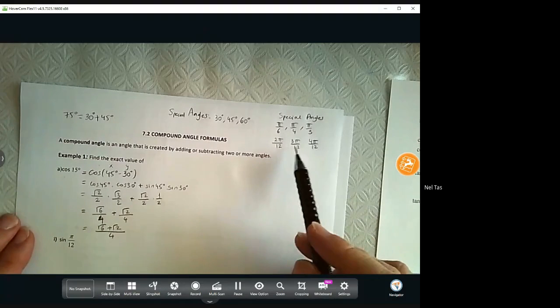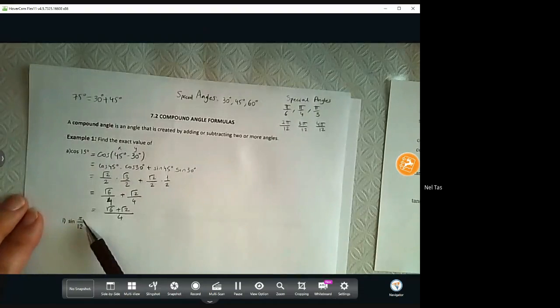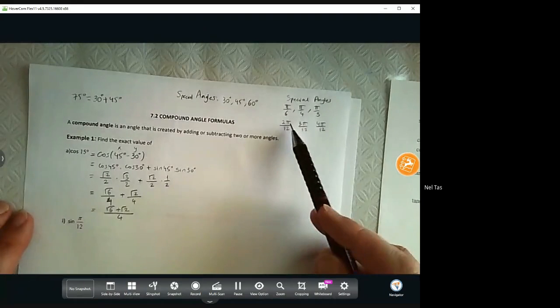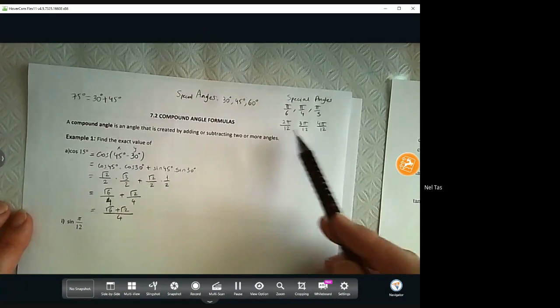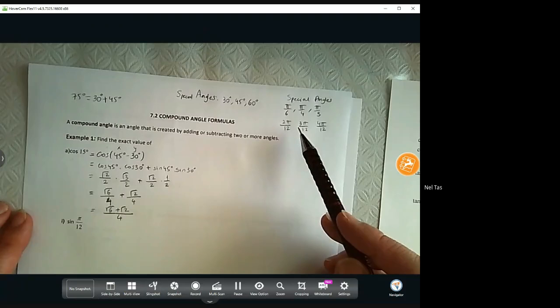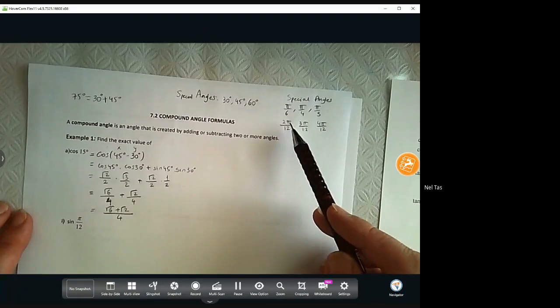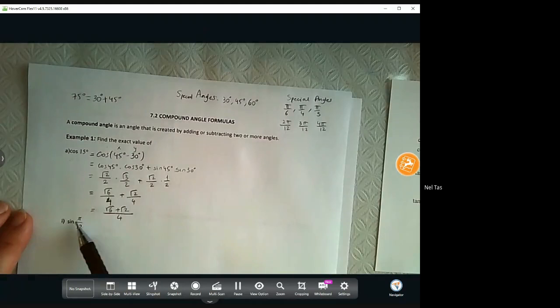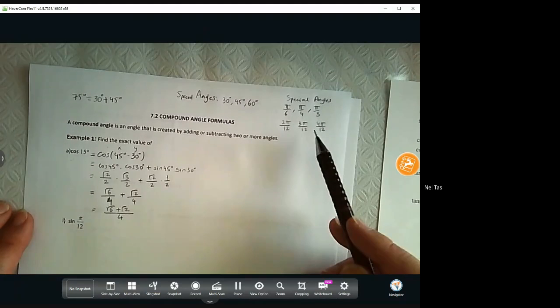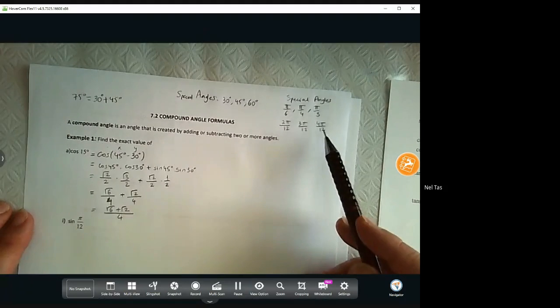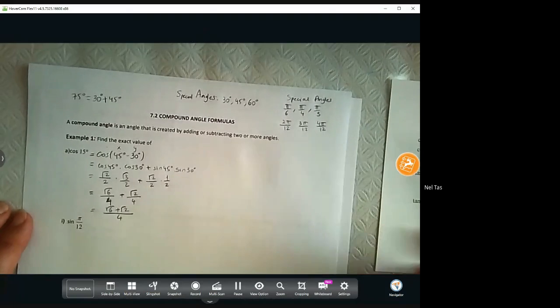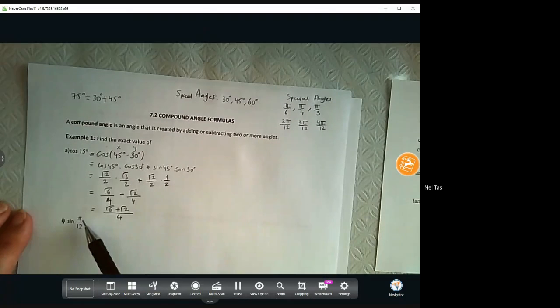Now you can find that pi over 12 is a combination of these, so you can see it easily. For example, 3 pi over 12 minus 2 pi over 12 would give you pi over 12. Similarly, 4 pi over 12 minus 3 pi over 12 also gives pi over 12.